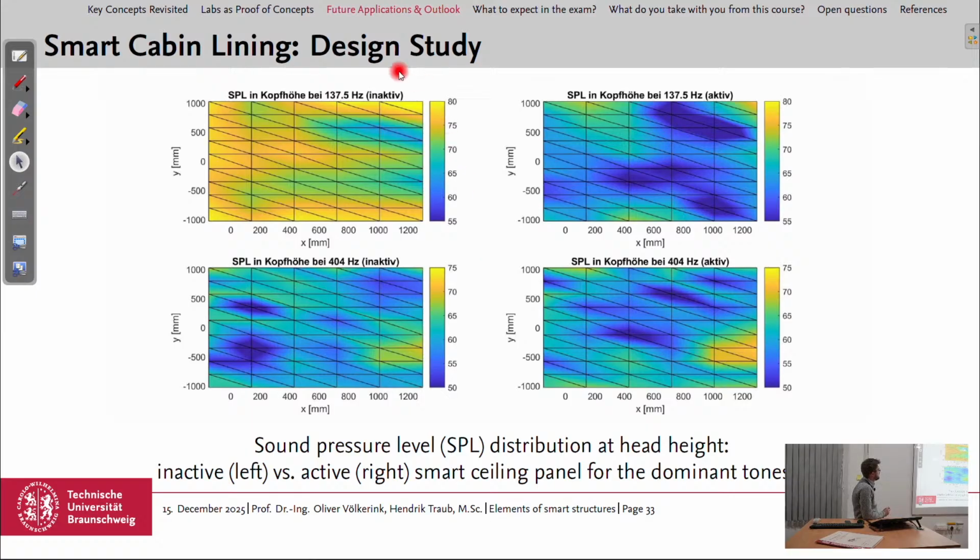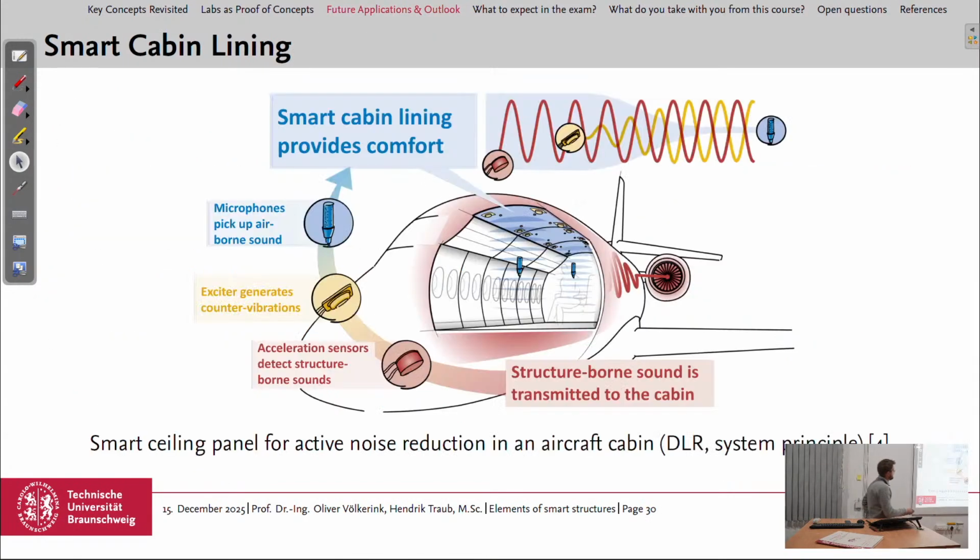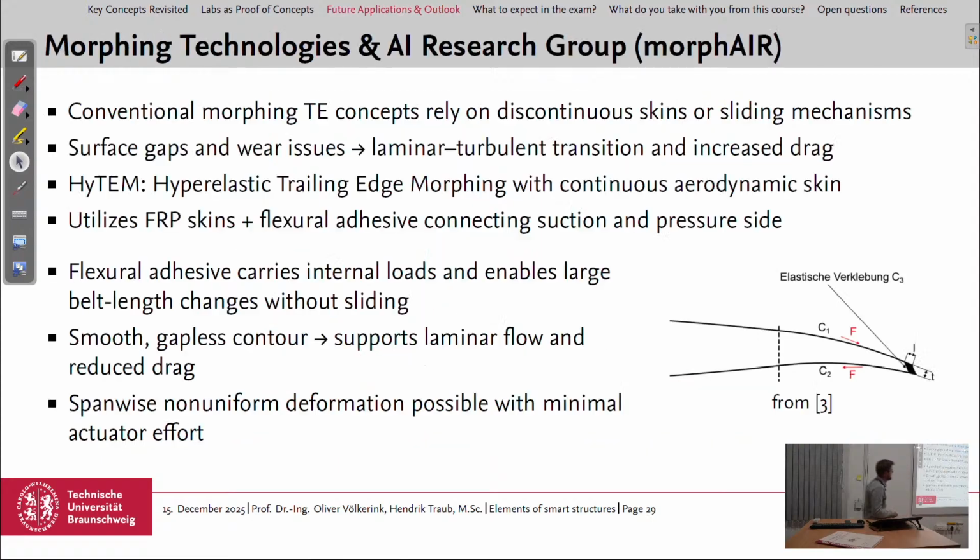And the results of the design study are shown here. So we have in X and Y direction a plane at the height of the heads of the passengers. So if we look at this picture again, it would be a plane here, and different heights could be measured with the microphones.